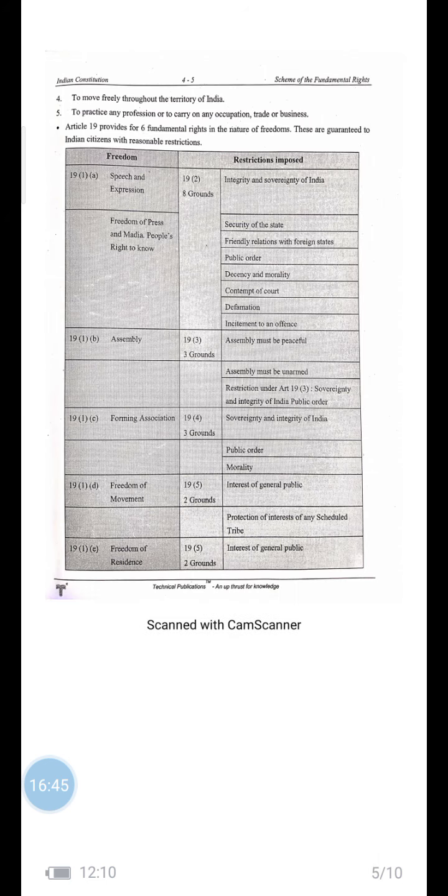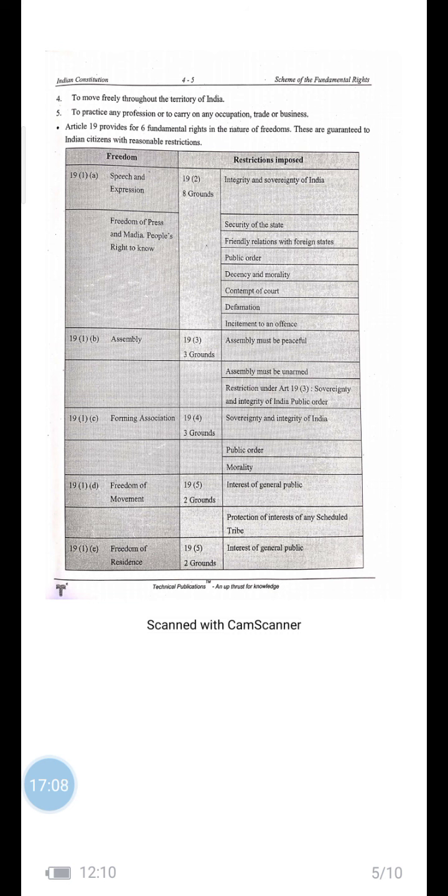Okay. Then, to move freely throughout the territory of India. Then the fifth one, to practice any profession or carry on any occupation, trade or business. We as Indians can start any business and do any profession, right.